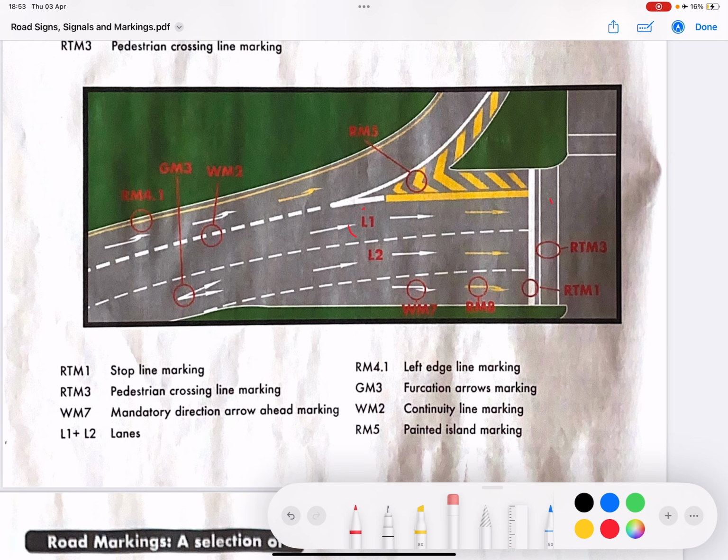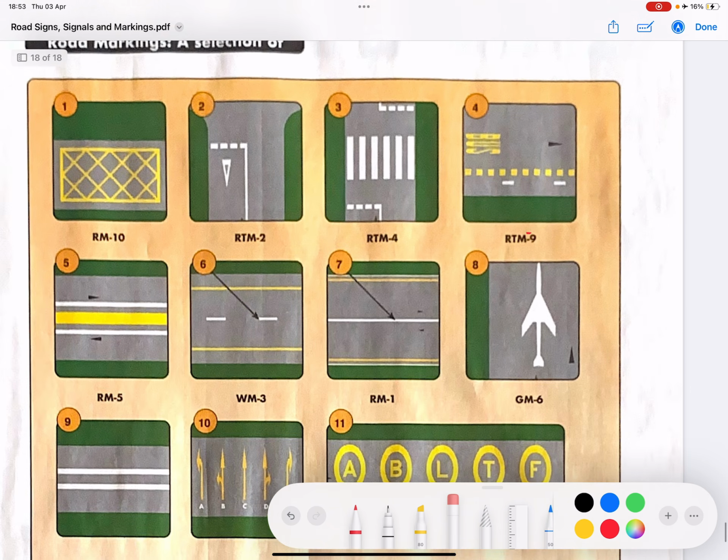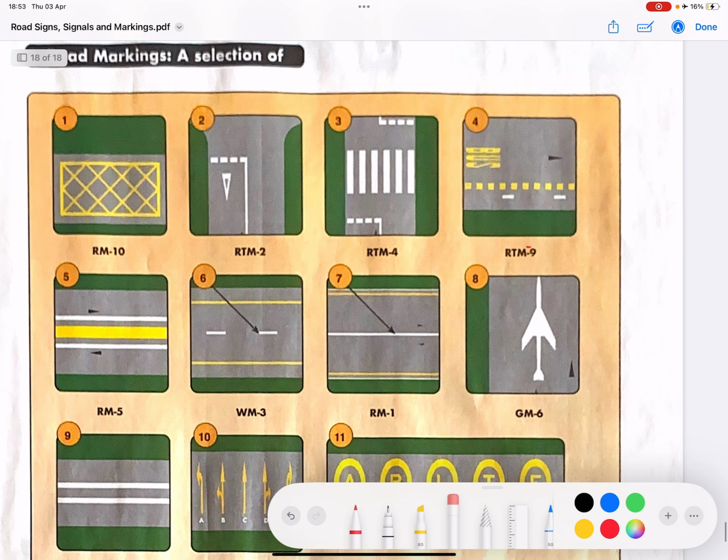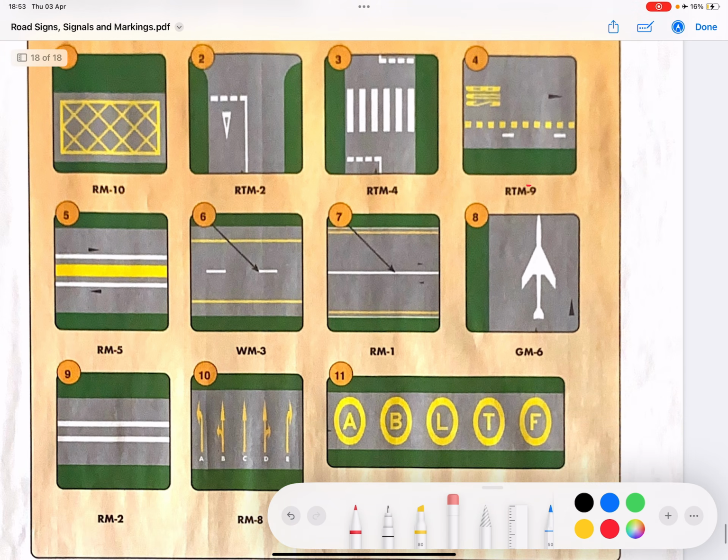Now, let's jump onto the last part, and then we will close the road surface markings and the road signs will be done. RM10 is known as a box junction, also known as a keep clear zone.